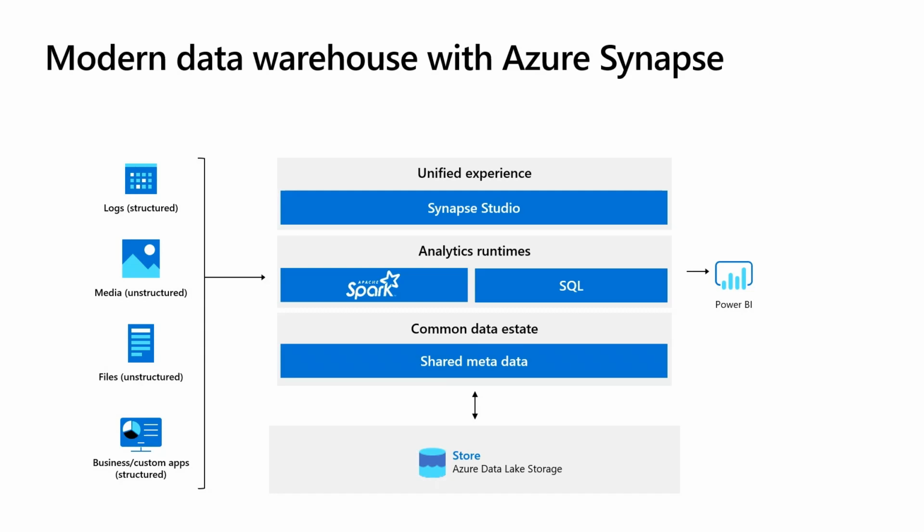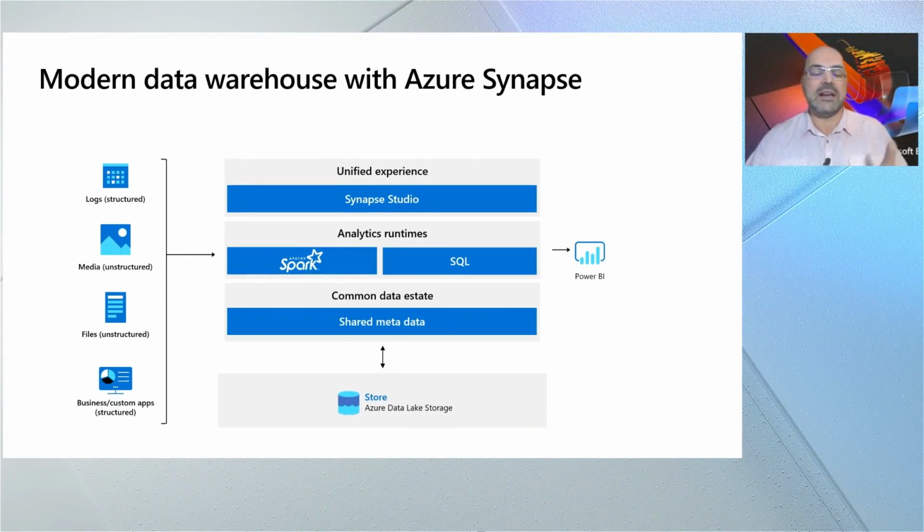And then it's underpinned by a shared metadata experience that means that I can declare tables in Spark and have those visible in my T-SQL environment and vice versa, meaning that I get out of the business of having to redeclare data structures over the same set of data and just dealing with different environments.